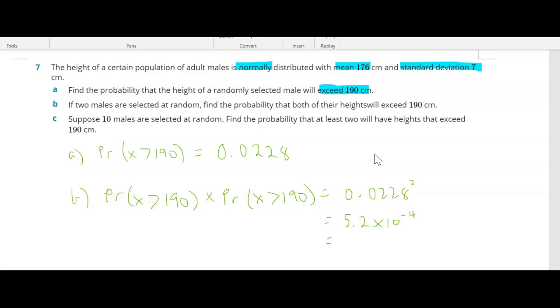All right, let's now write that without the scientific notation. So the -4 means we move our decimal place 3 spots. So we'll keep that 5.2 there. Decimal spot was here, so we've got 1, 2, 3, 4.